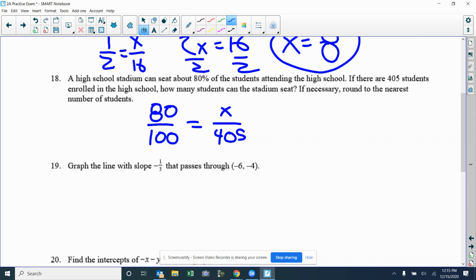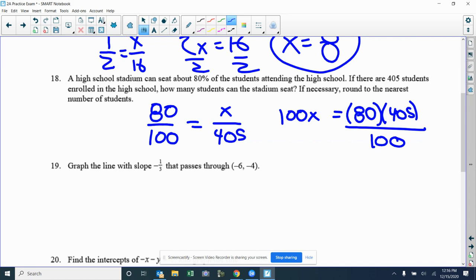So again, you can grab your calculator. My brain's not going to be able to do this one, so really, if someone has a calculator handy: 100x equals 80 times 405, and divide that by 100, and that would be your x. Anybody got one handy? Try it for me.